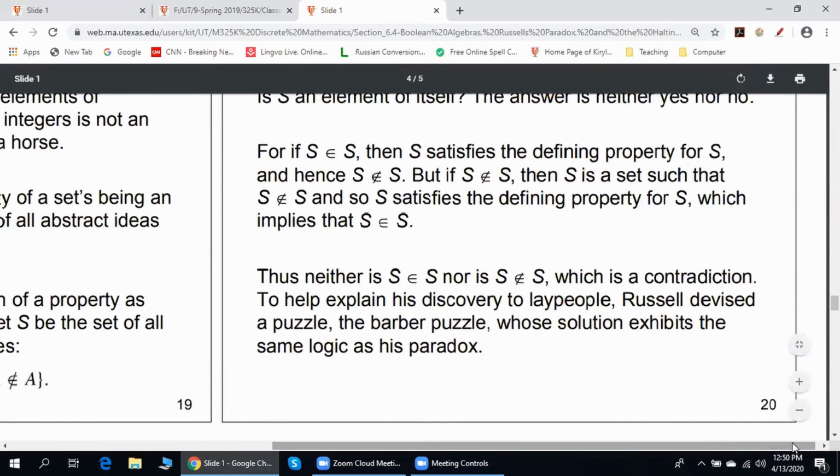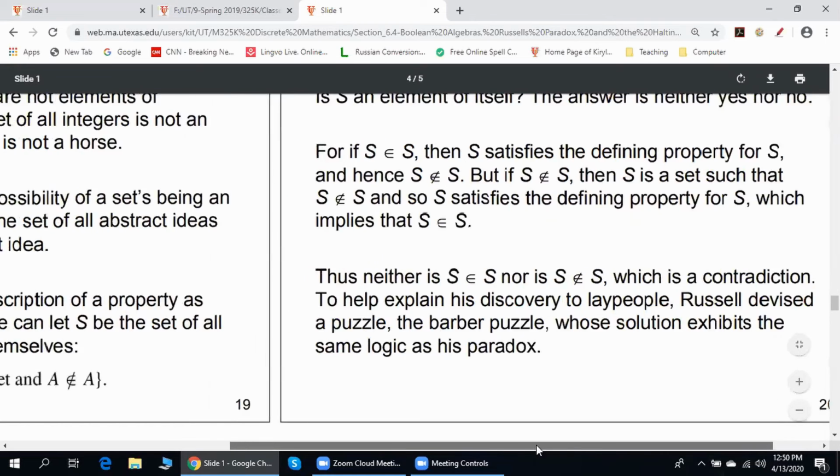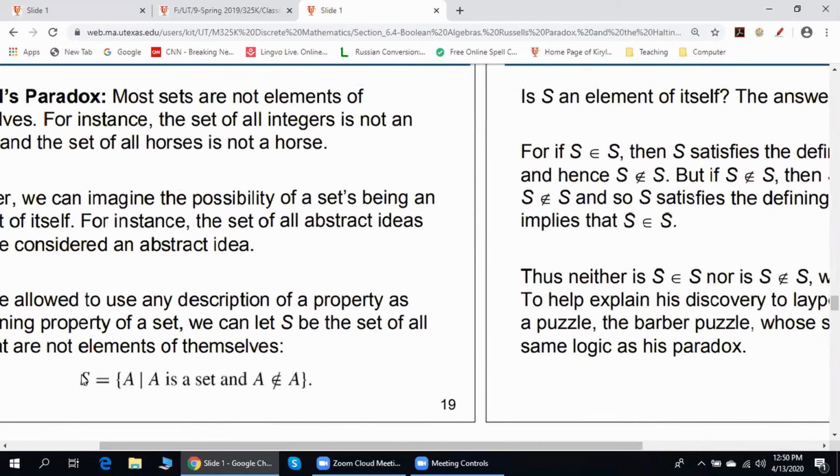Any questions here? Can you explain this once again? Yes. So set S consists of all sets A that satisfy the following property: A is not an element of itself.